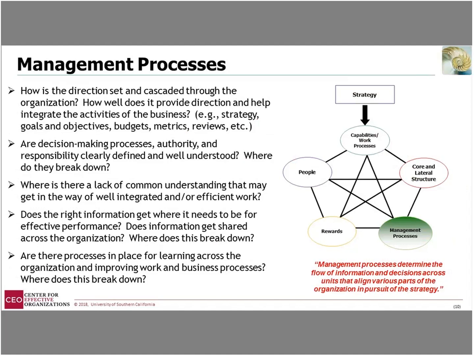All of those are intended to help set the direction of the organization. Given what the strategy is, as the first step, the second step is, okay, now that we know what our strategy is, how are we going to put that strategy into place in terms of goals, objectives, resources, KPIs, things like that. So there's one management process, what we call this direction setting process.